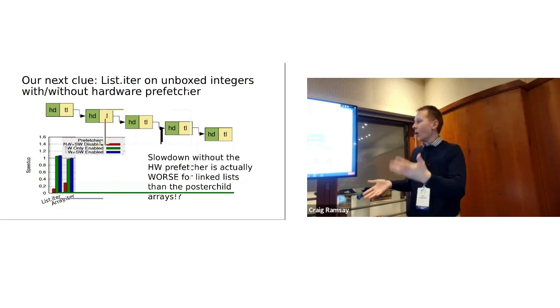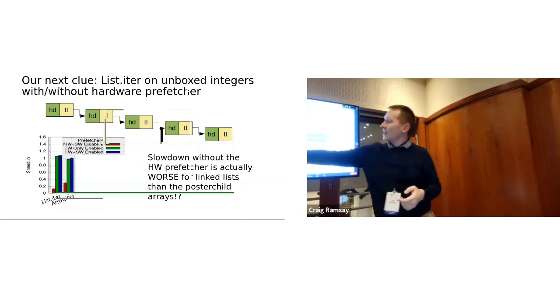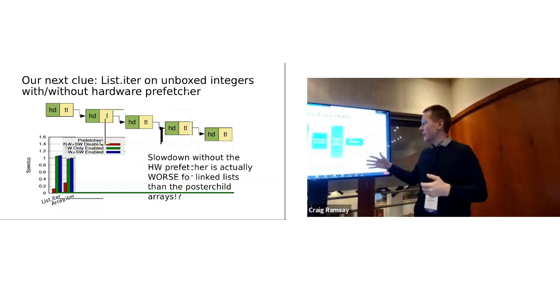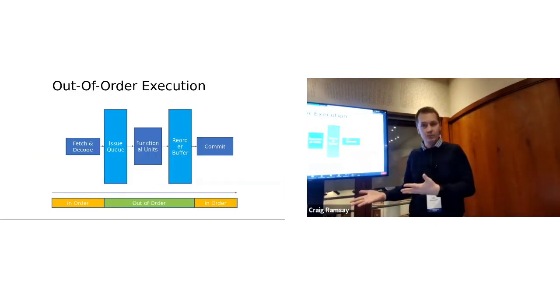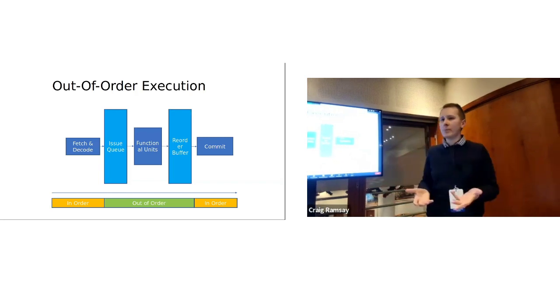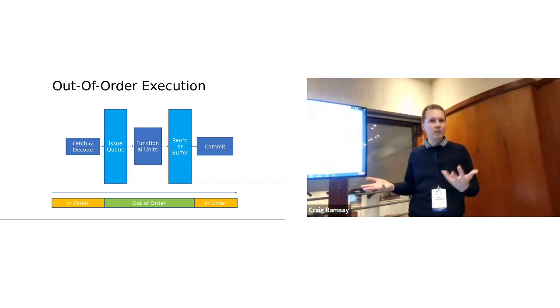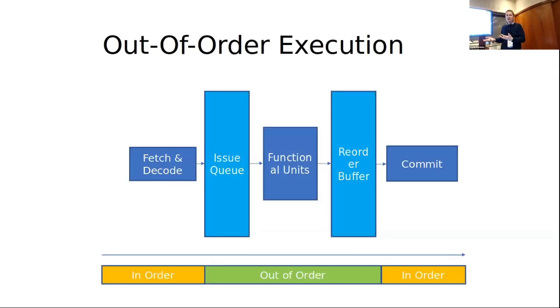The fact that in a modern processor, you fetch instructions speculatively in order, you commit them in order, but in the middle, it all gets reordered to try and find independent work. And as I explained earlier, for an array, you've got lots of independent work. For a linked list, you've got no independent work, at least as far as this engine is concerned, because it sees all of the data dependencies that are truly there, right? It sees that there's a data dependency between each linked list node, so it has to keep walking them all before it knows where to go.